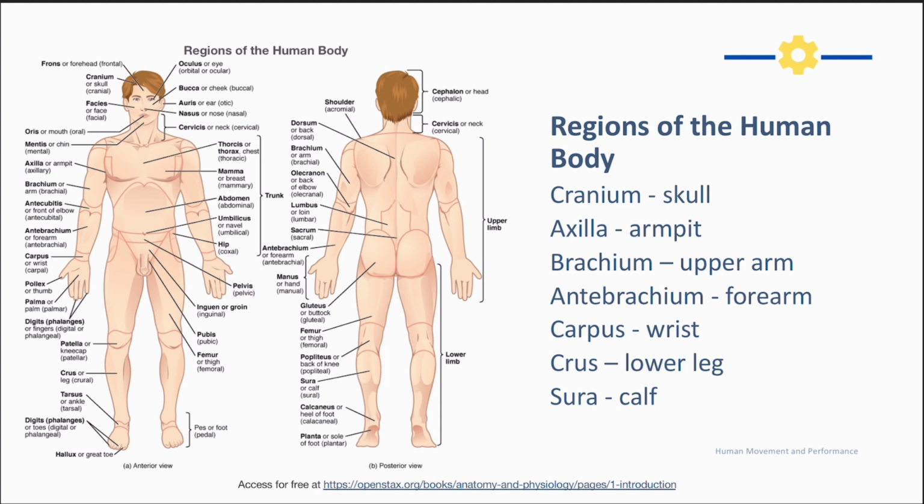But those are good terms to use as opposed to just the arm because people won't know what you're referring to. The carpus is often used for the wrist. The crus or crux is often the lower leg. Sometimes you'll see even the lower leg referred to as the shank. And the calf itself is often called the sura. So we have to be careful in terms of some of these terms that we use. And there are others on this slide that you may want to take a look at and be familiar with. Knowing and utilizing these terms will certainly go a long way to enhancing your professionalism.